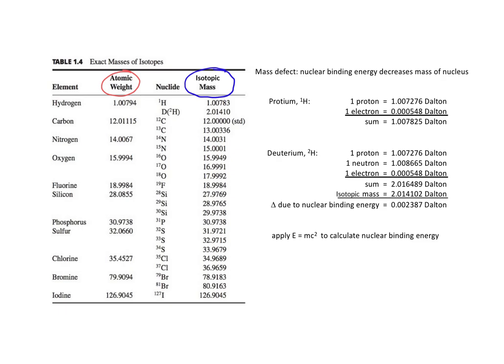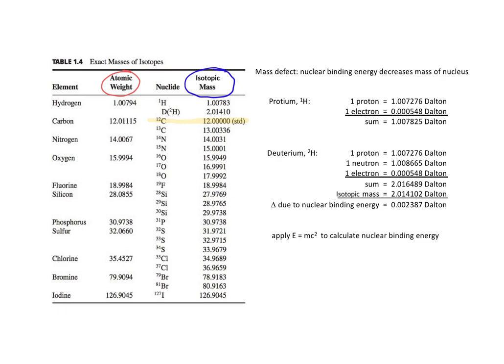Note that the isotopic masses are not integers, except for carbon-12, which as a standard has been set to precisely 12 atomic mass units, or 12 Daltons.